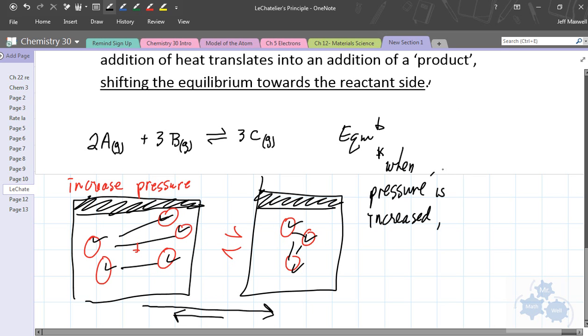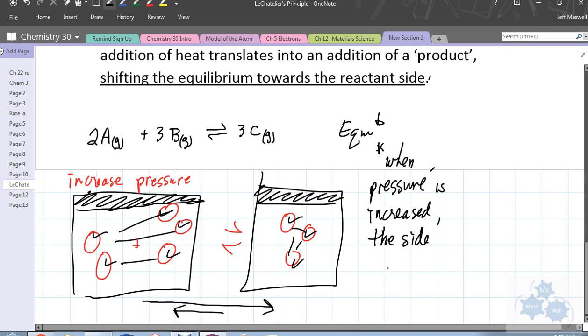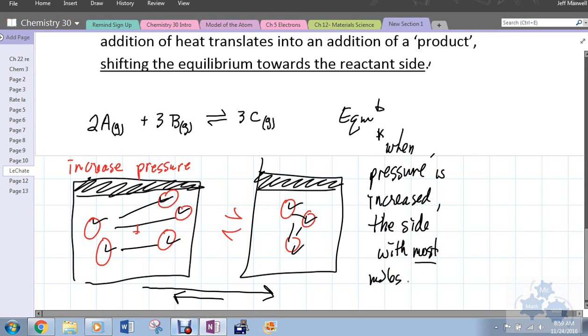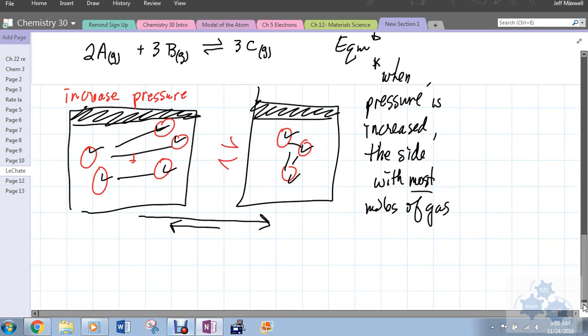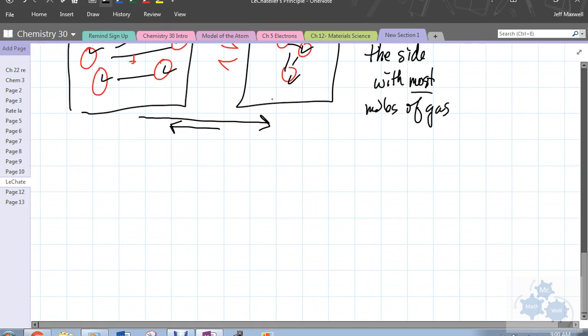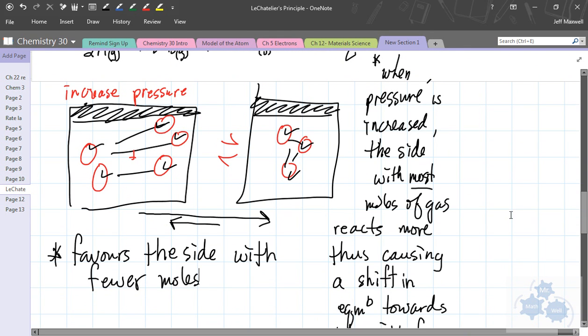When pressure is increased, the side with the most moles of gas reacts more. So, once again, when the pressure is increased, the side with the most moles of gas reacts more, thus causing a shift in equilibrium the other way.